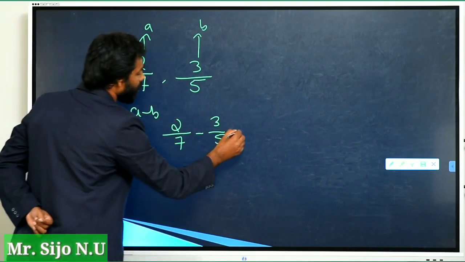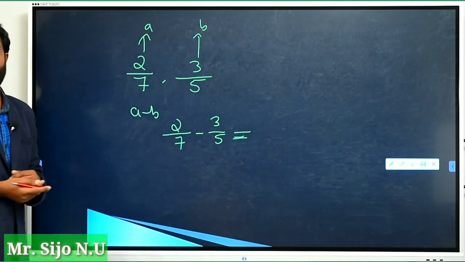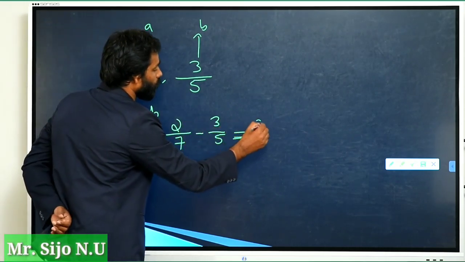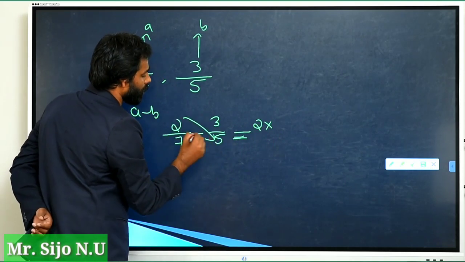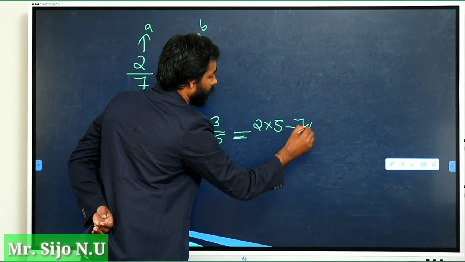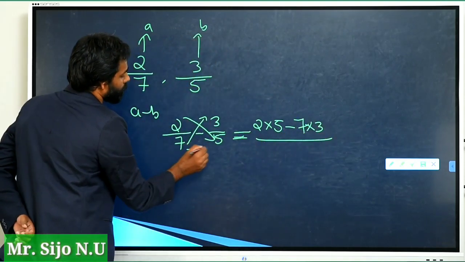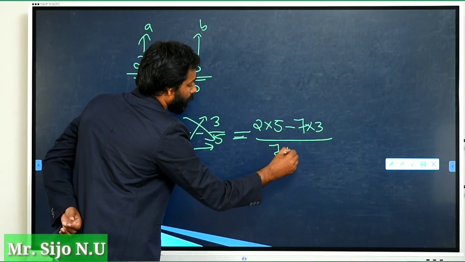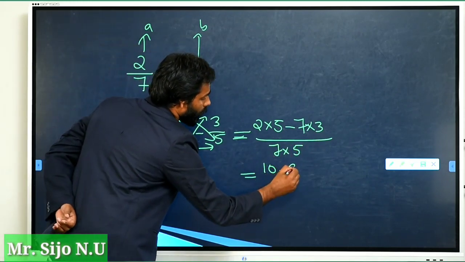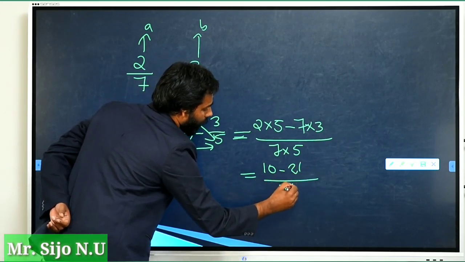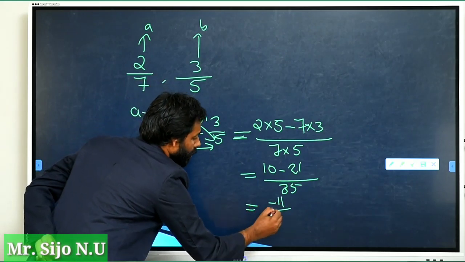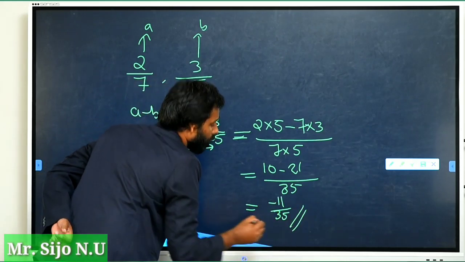We know it is not like fractions, so we have to cross multiply. 2 into 5 minus 7 into 3, divided by 7 into 5. So the result is 10 minus 21 divided by 35. Its answer is minus 11 by 35.